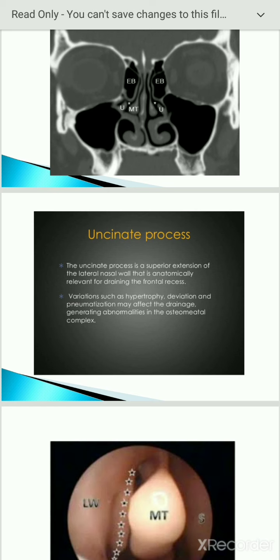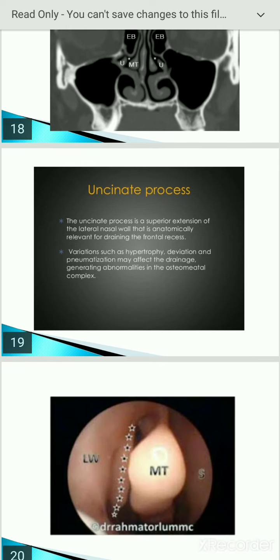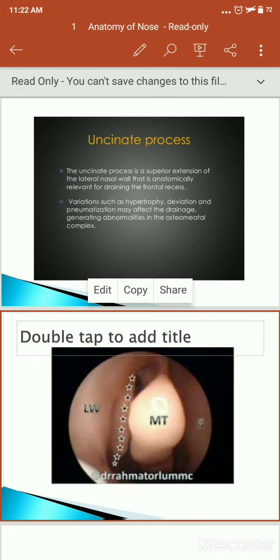We will repeat it. What is uncinate process? The uncinate process is a superior extension of the lateral nasal wall that is anatomically relevant for draining the frontal recess.